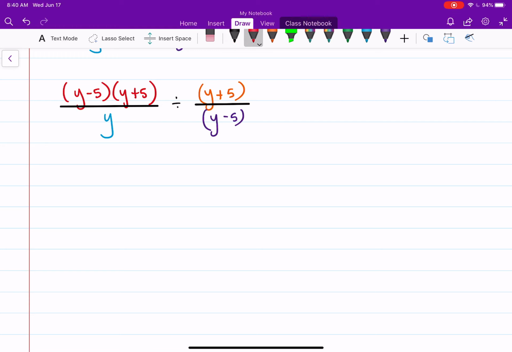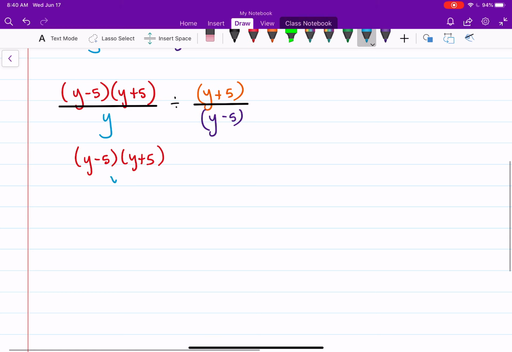Okie dokie. So here we go. Y minus 5, y plus 5 over y, change, flip. Y minus 5 over y plus 5. All right. So let's go ahead and draw some lines in here.